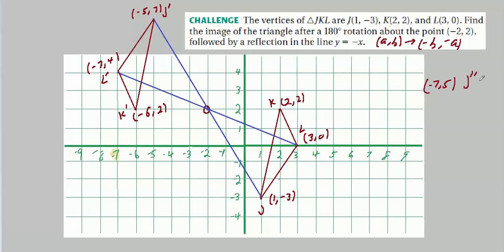That's J double prime. For K, we have -2, 6, just applying this rule up here again. And that'll give us K double prime. All that's left is L, which is going to give us -4, 7, and that's L double prime.